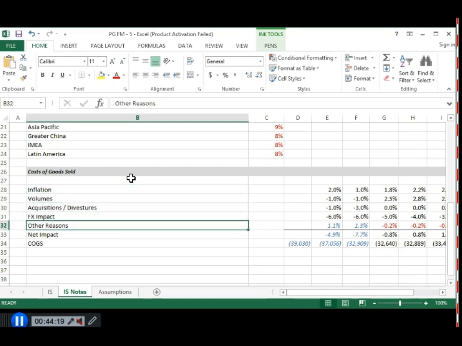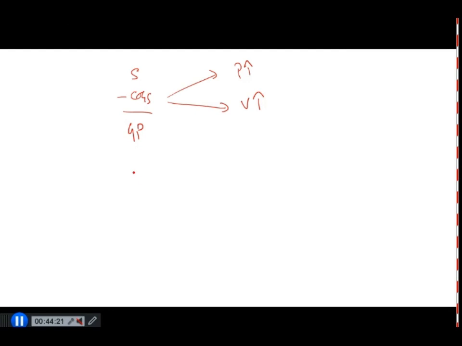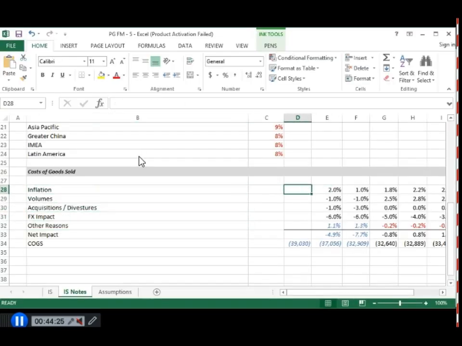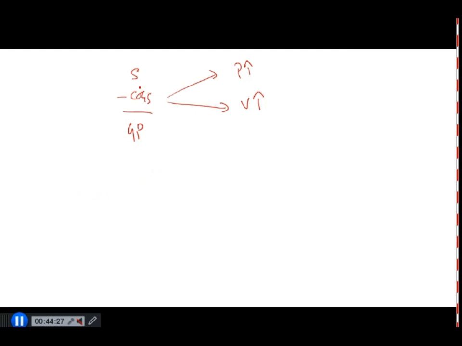So generally speaking, whenever price increases for companies like Procter and Gamble, or any other company as well, there are two possible routes for a company.